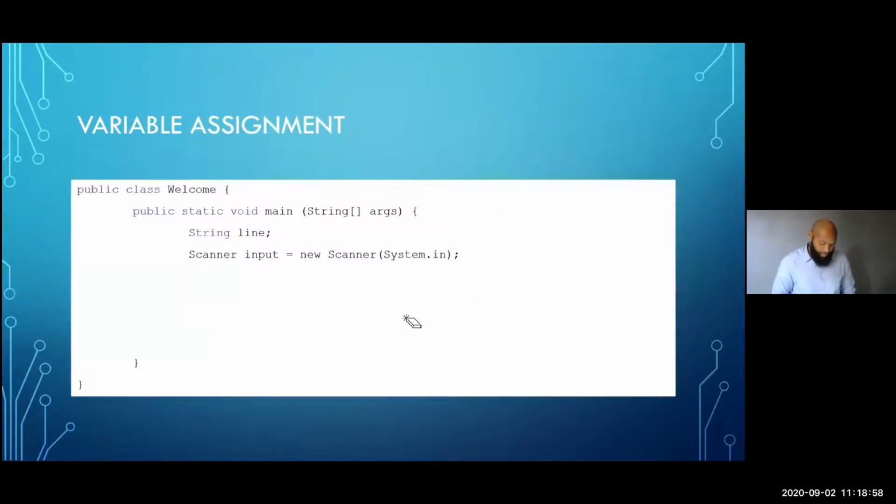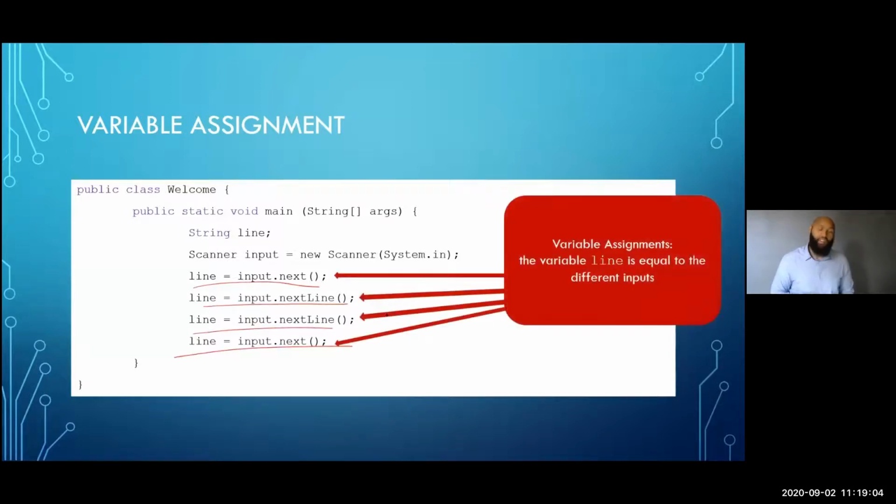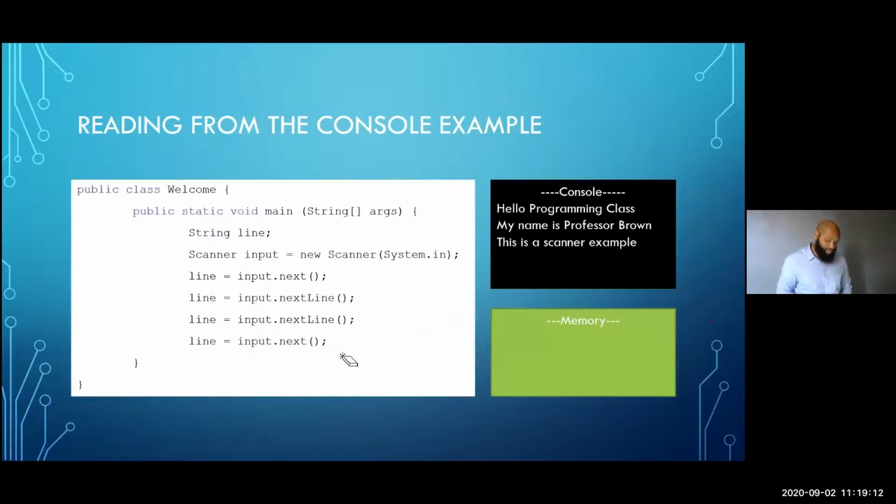If I switch this up a little bit, and I set line equal to all these different commands or statements, now let's call it a variable assignment. I'm assigning something to that variable to store it, right? So what I've changed is the string line. I created the variable, and I said line equal to each one of these statements.